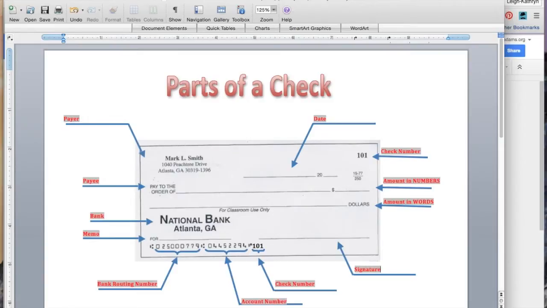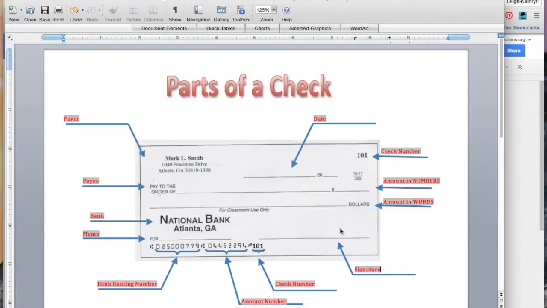Banks oftentimes will not accept a check where the name is just printed in here. Theoretically, when Mark started his account, he will have signed an authorization card that the bank keeps on file. If this signature does not match that authorization signature, they may not honor the check.